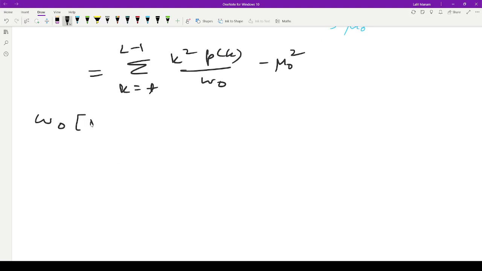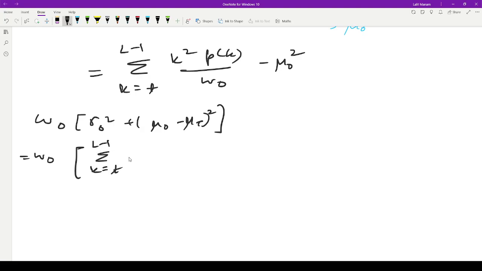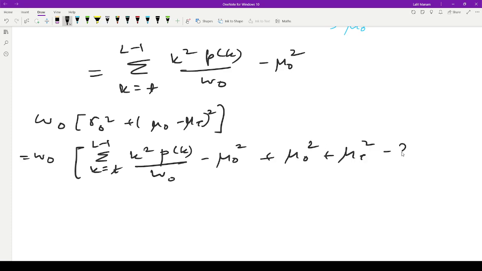W naught times sigma naught squared plus mu naught minus mu t whole squared is, we'll just write out that expression, summation k equals t to L minus 1 k squared pk upon w naught minus mu naught squared, and if we open this quadratic out here, mu naught squared plus mu t squared minus 2 mu naught mu t. Okay, so this turns out to be what?